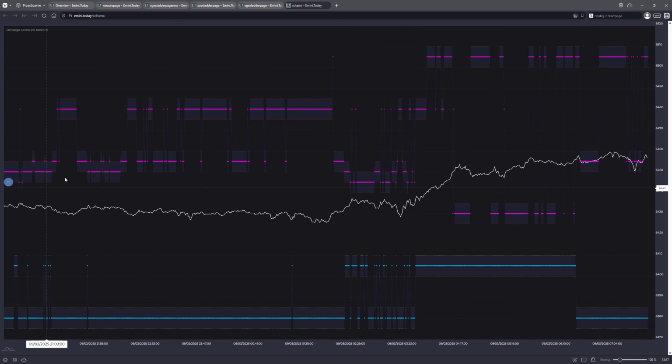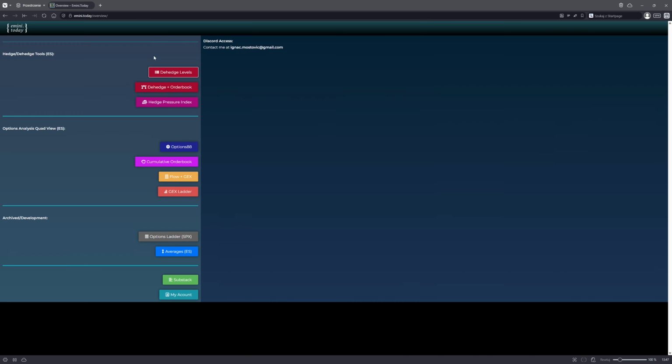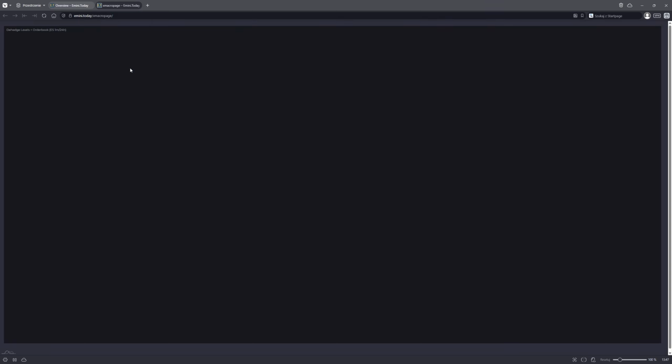Okay, just before we go to the screenshots, I just wanted to show you the Dehedge Plus order book. This is the same tool as this one, so the levels are going to be totally the same, but they will have different colors.